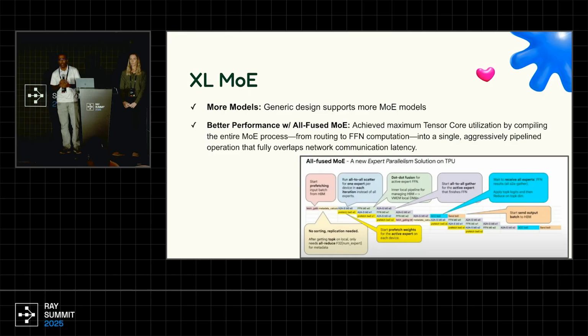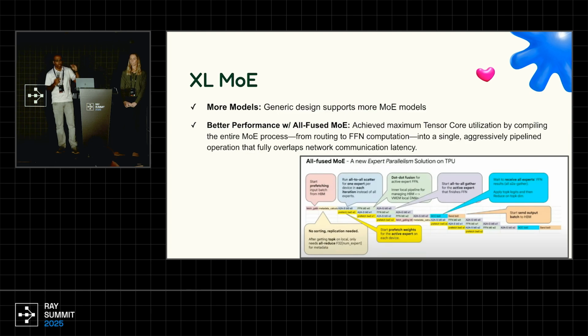The next kernel is also sort of a mega kernel, especially if you're running MoE models. The MoE part takes the majority of the computation time, or the majority of the overall time, right? In some cases, 80-90% of your time is spent in the MoE. So we wrote one mega fused kernel for MoE. It aggressively pipelines.